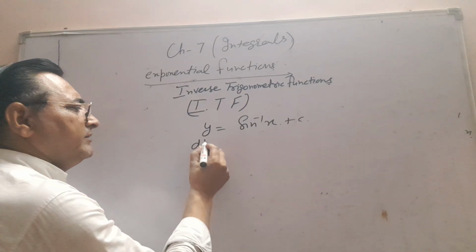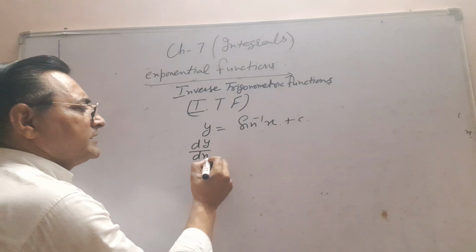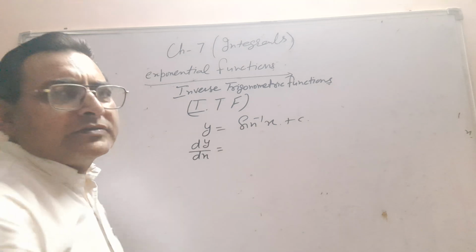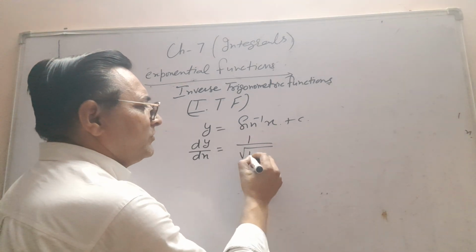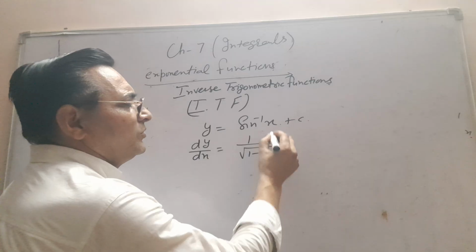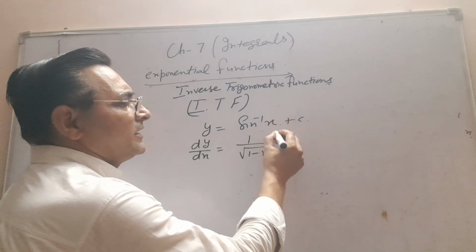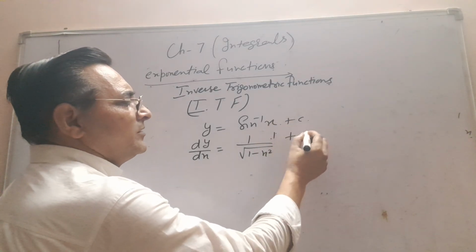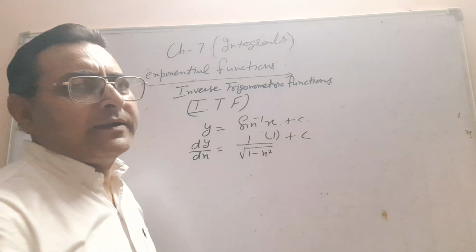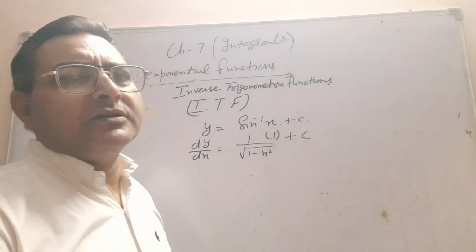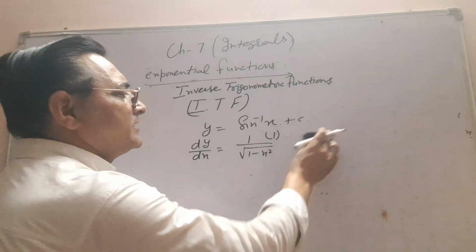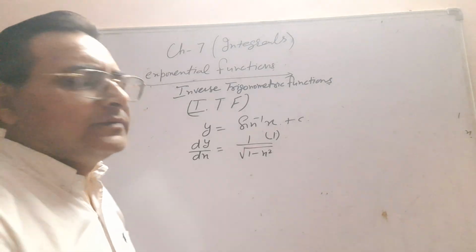What is the derivative? dy by dx. The derivative of sine inverse x is 1 upon root 1 minus x square into derivative of this function, angle x is 1, plus c. You should not write here the c because the derivative of the constant function is always 0.